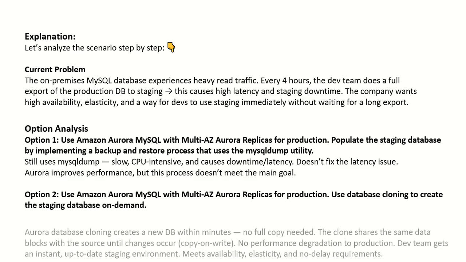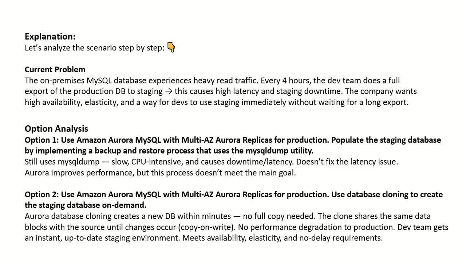So let's see option 2. Option 2 says we will be using Aurora MySQL with multi-AZ Aurora replicas for production, and we will be using database cloning to create the staging database. Aurora database cloning creates a new DB within minutes.